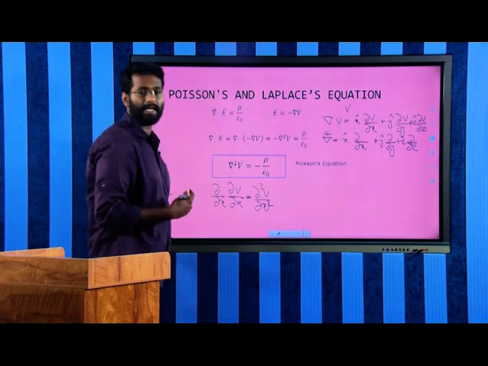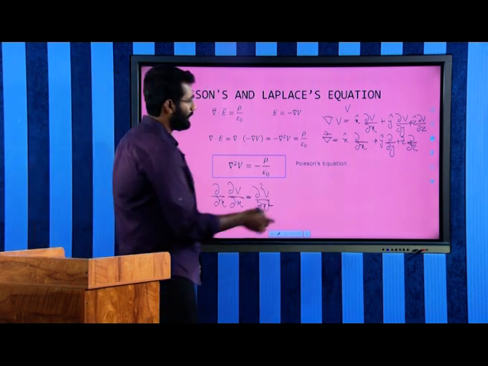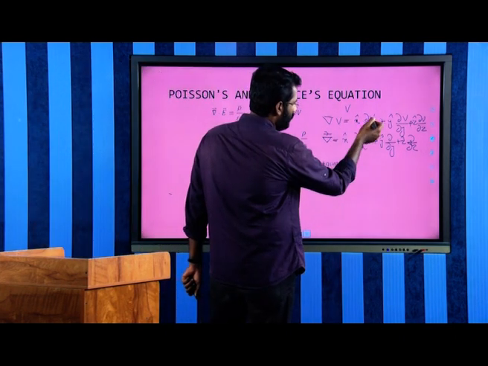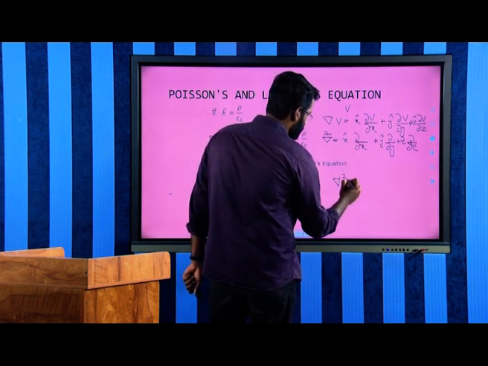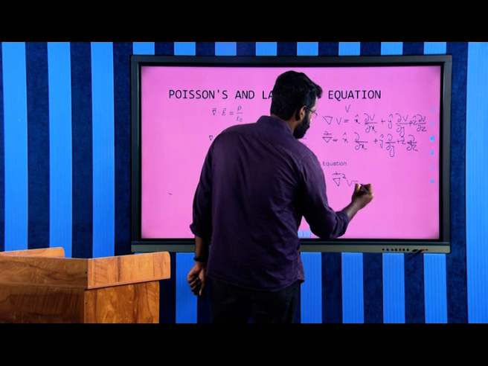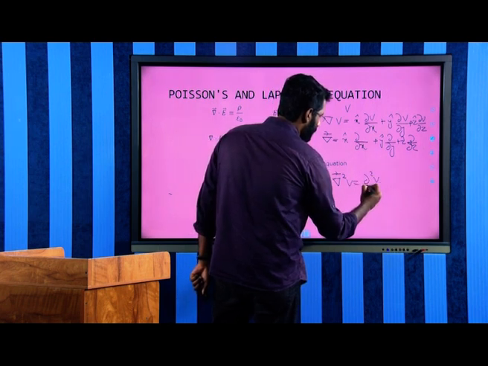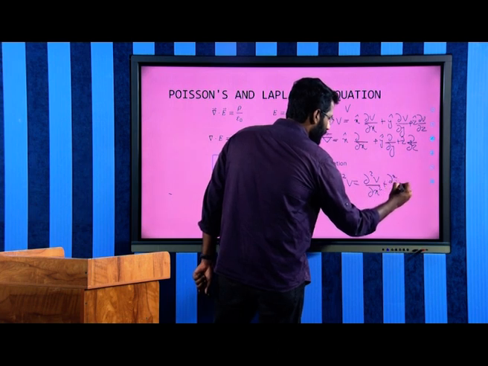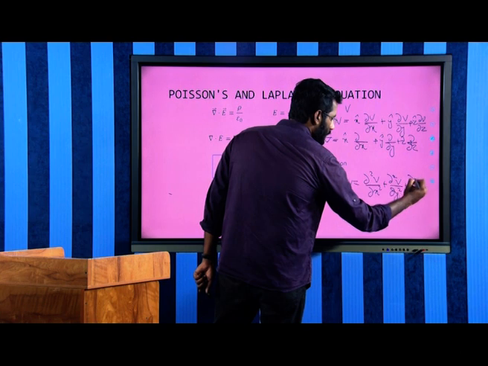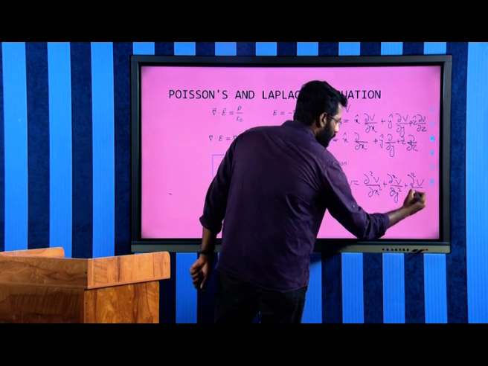So we got a second order partial derivative. Together we can write del square V is equal to dou square V by dou x square plus dou square V by dou y square plus dou square V by dou z square.